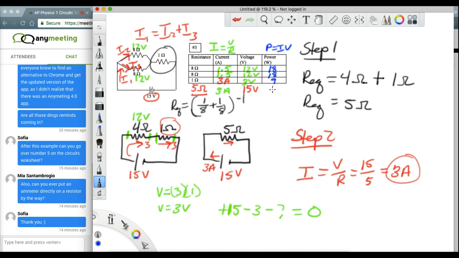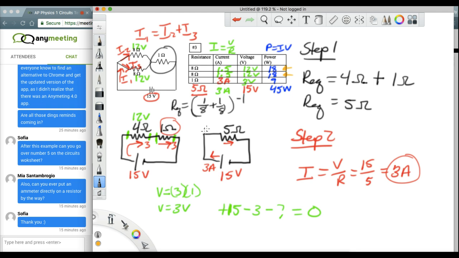And my total power, let's see, that would be 45 watts. If I asked you which bulb was the brightest, it would actually be the two that are in the parallel branch.